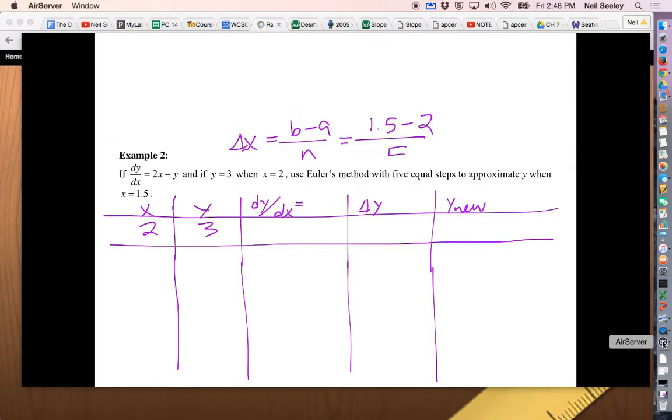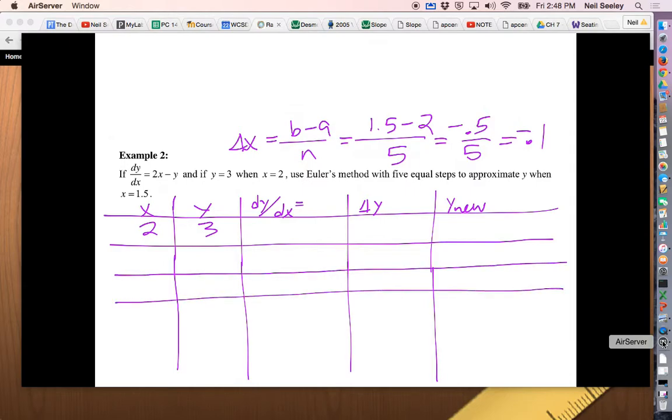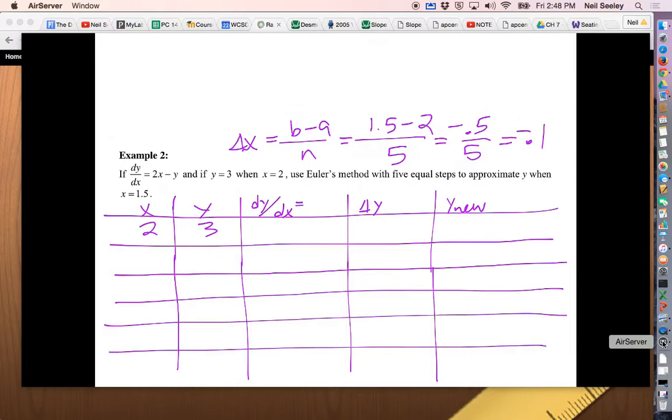And we're taking 5 steps. So 0.5 divided by 5, it's 0.1. And it's negative because it's decreasing. So you're welcome to fill in all the x's right at the get-go. You can do that. So it'd be 1.9, 1.8, 1.7, 1.6, 1.5.